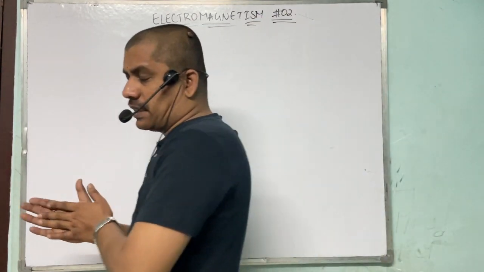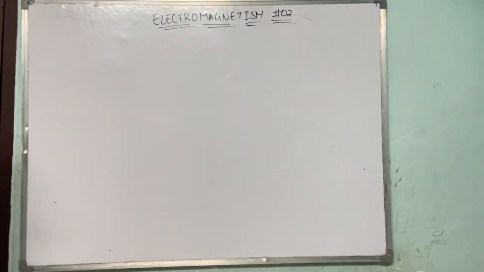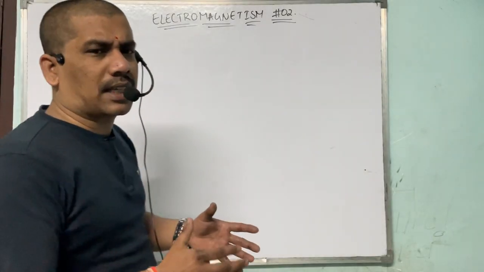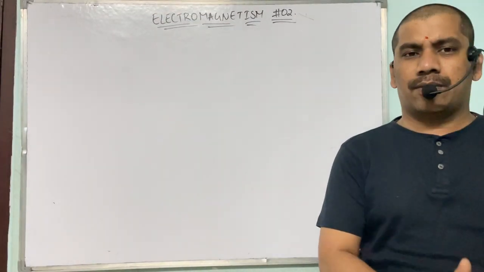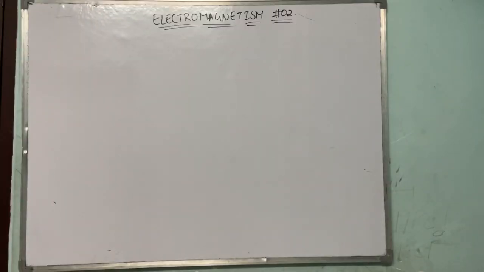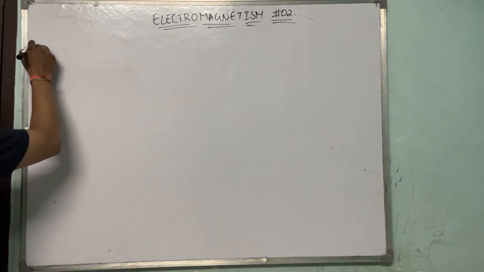Our next activity in this video will be to see the lines of magnetic field. If I say together, both these topics are actually related to each other. Okay everyone, let us start with this class. Hope the things are very clear to you on the screen. See, our activity 2.